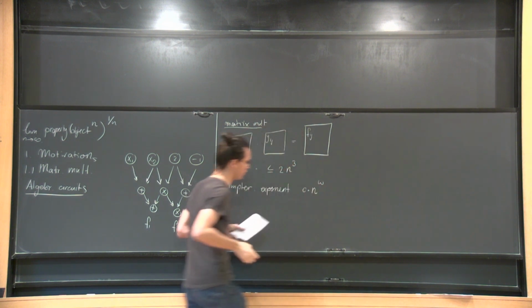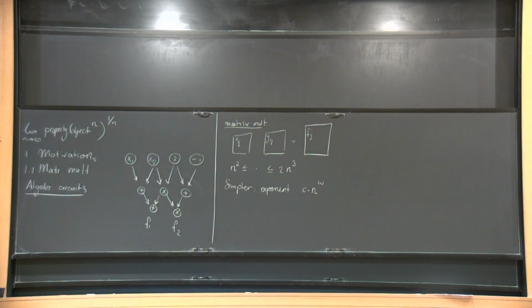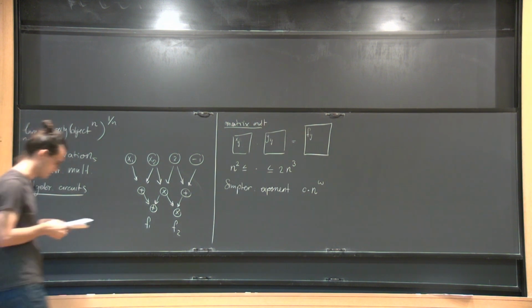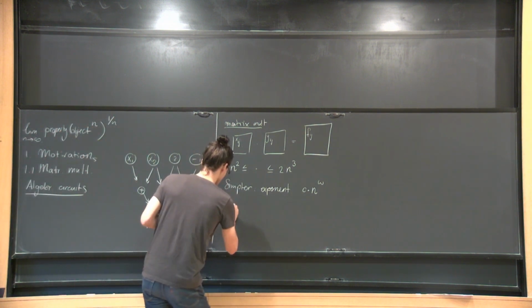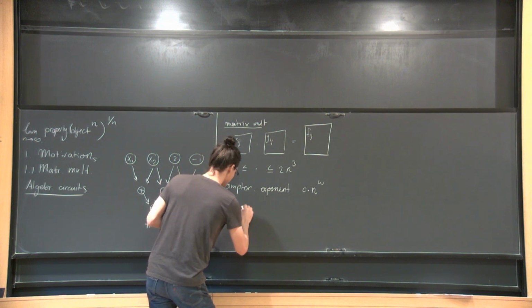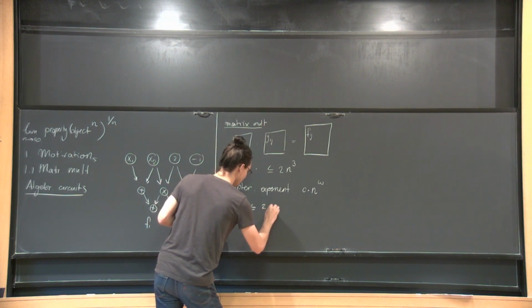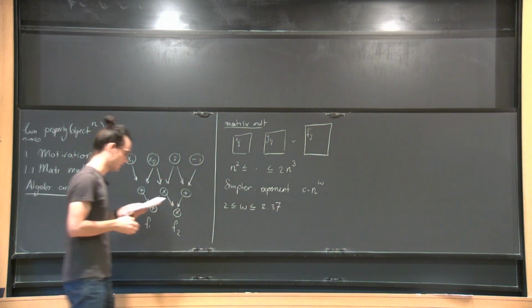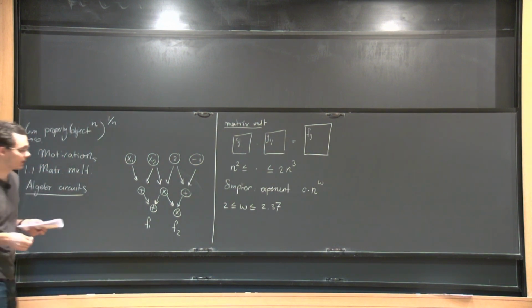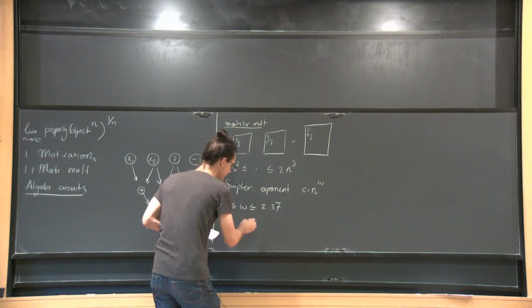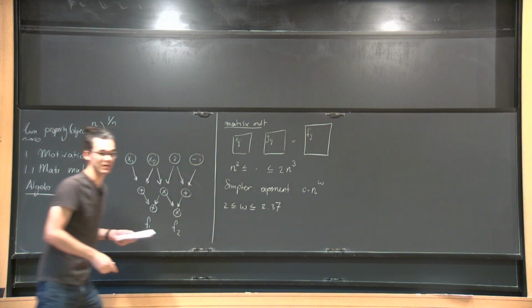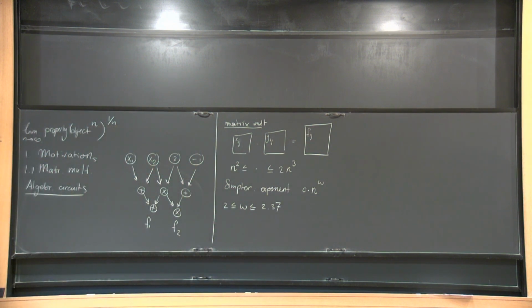We just want to know what's the optimal omega in this complexity. And what's currently known is that this omega is between 2 and 2.37, roughly. The upper bounds come from algorithms, and the lower bounds come from some kind of obstructions, the non-existence of algorithms.